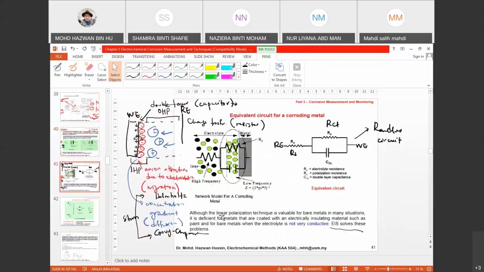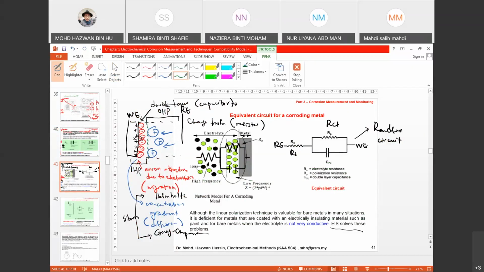And then if we look at the double layer phenomenon like this, which region do you think is high frequency and which is low frequency? Maybe I should use a different color. Near to the electrode, this is the IHP region, right?